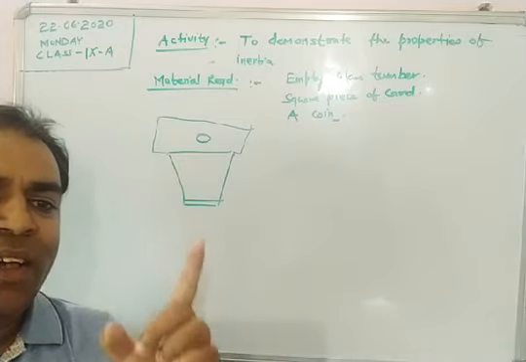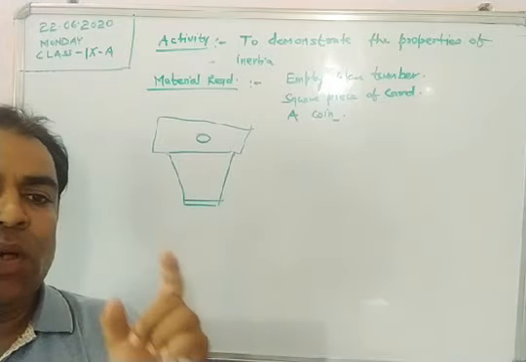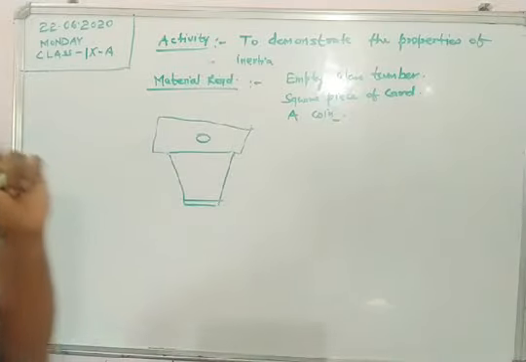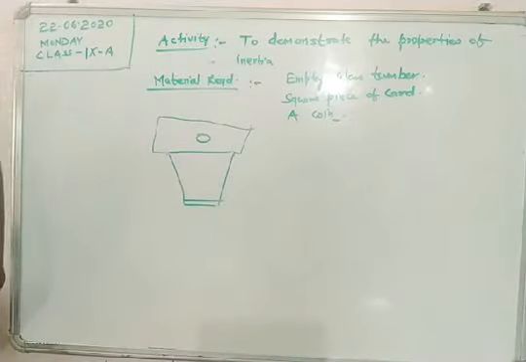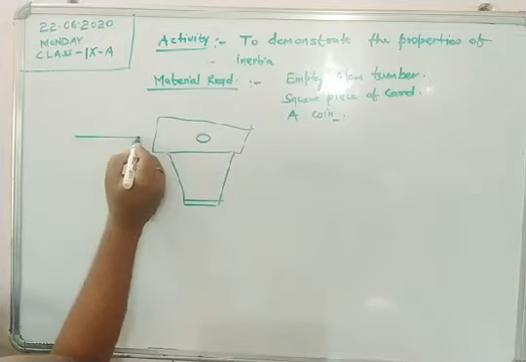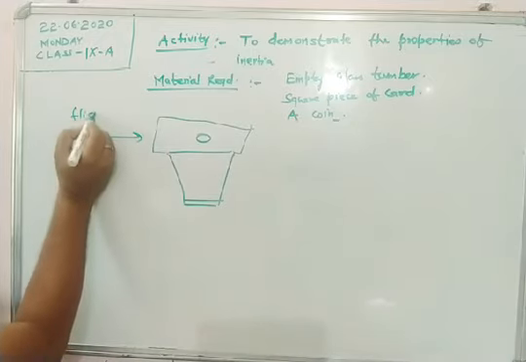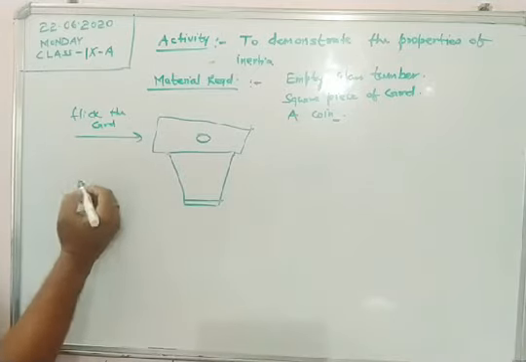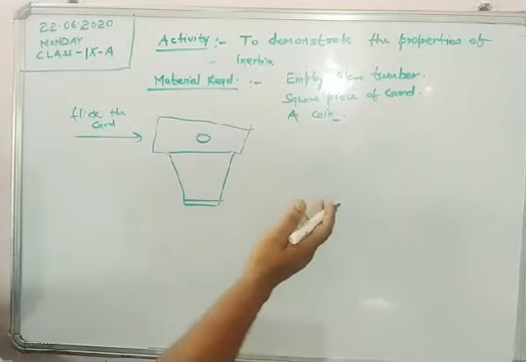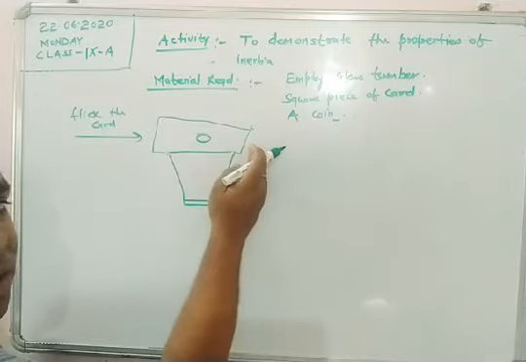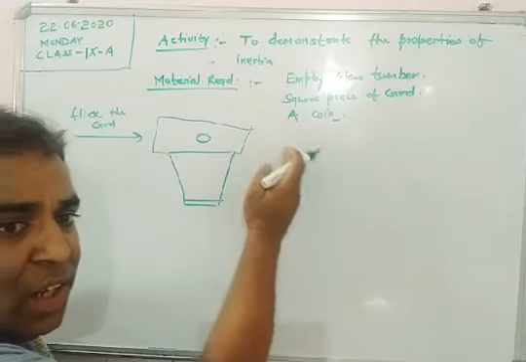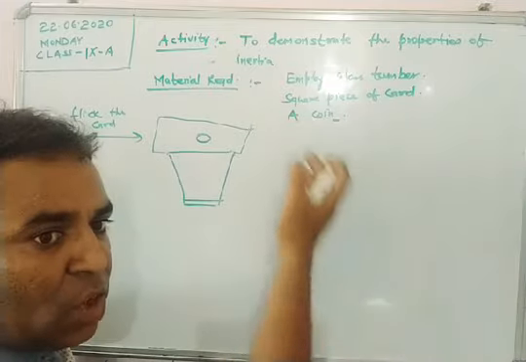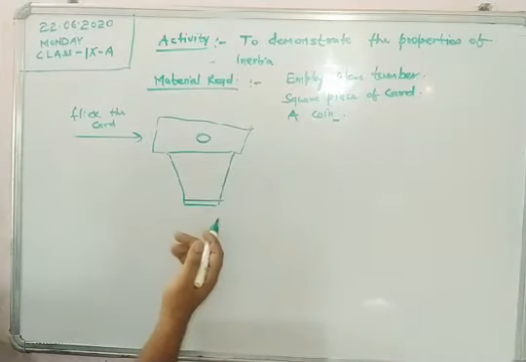Now, flick the card horizontally, striking it hard with your second finger, like this. Now, when you flick the card, what will happen? This card will fly away and the coin falls into the glass.